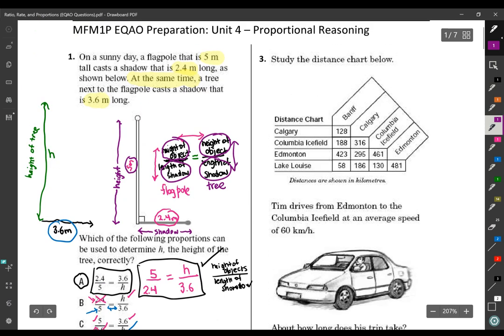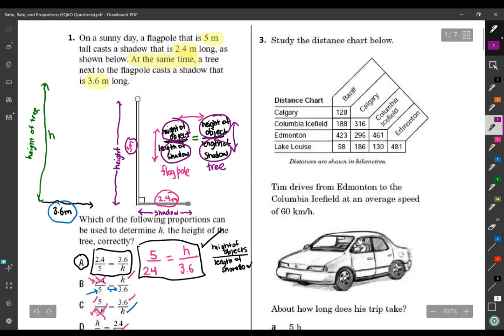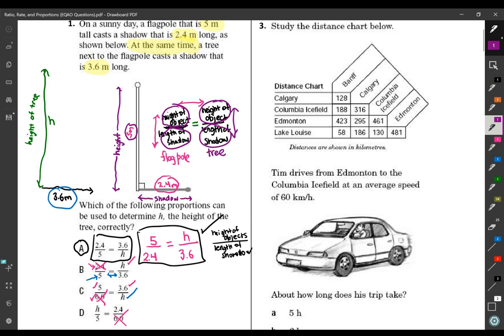Okay, question 3. Study the distance chart below. So here's our distance chart. And basically what a distance chart is showing us is the number of kilometers between each town. So for example, the distance between Calgary and the city of Banff is 128 kilometers. The distance between Columbia Icefield and Banff is 188 kilometers.